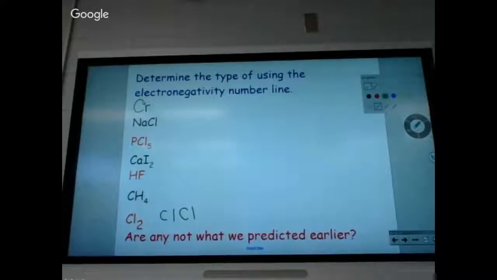Yes, you should find two that are wrong. Did you do the positive? Yes, just a positive difference.